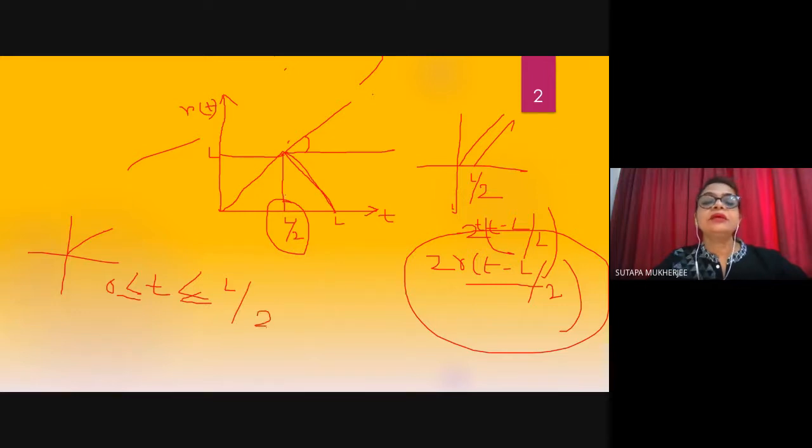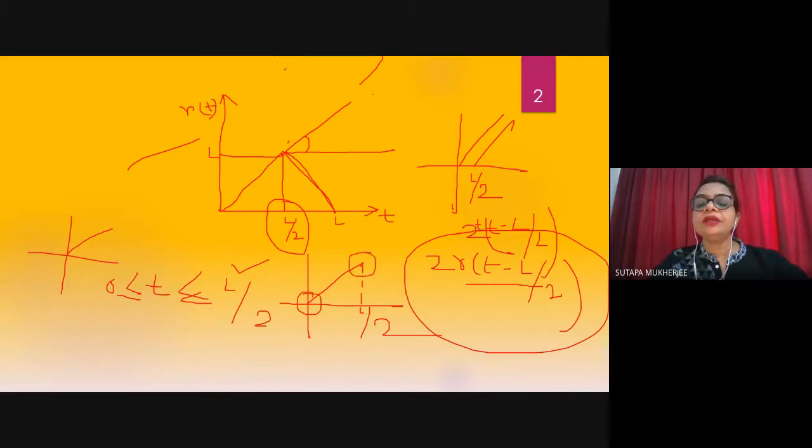Is it correct? Simple function, if you consider just this one. So this will be up to what? Capital L by 2 max value. Is it correct? Yes, ma'am. So what will be the equation? This is the first coordinate. This is the second coordinate.